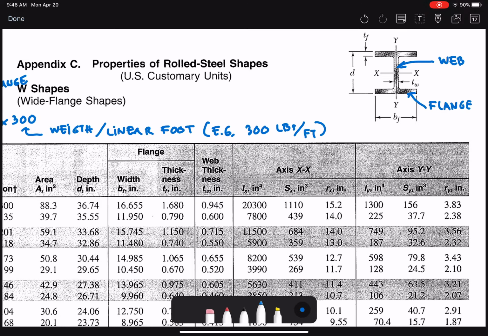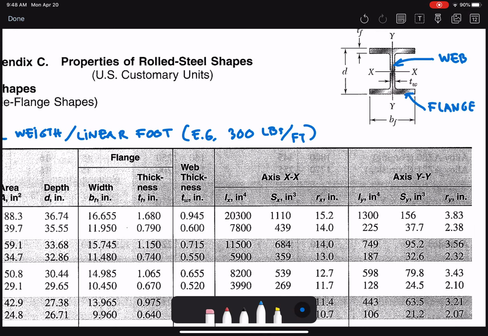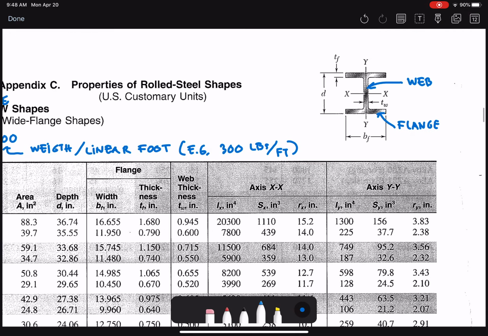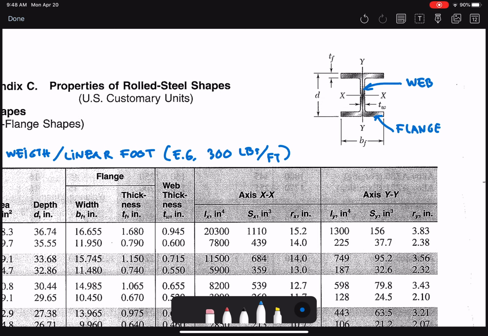They give the flange width bf, the flange thickness tf, and the thickness of the web. They also give values for axes XX and YY. They define XX as parallel to the flange and perpendicular to the web. That is the X axis. The Y axis is also a neutral axis going through the centroid, parallel to the web or perpendicular to the flange.